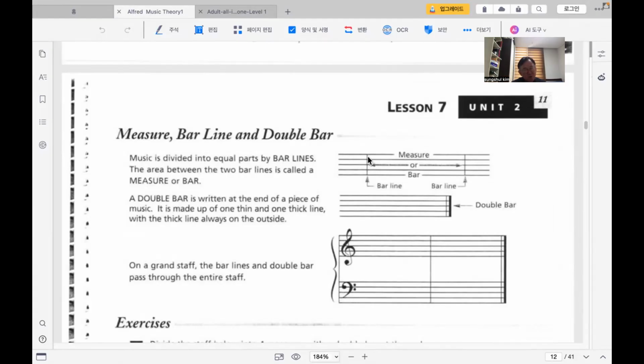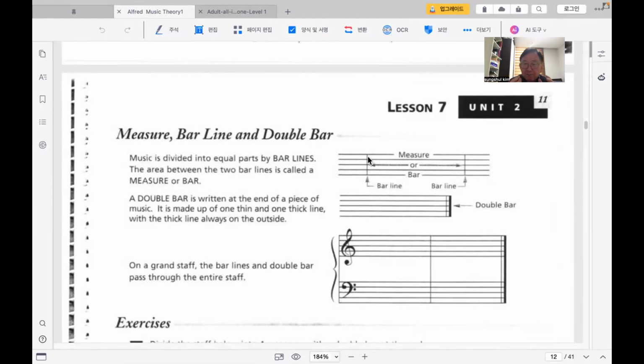Just imagine if we didn't have any province, any district, any border of a country. You know what? Many confusing things would happen. Music is the same.